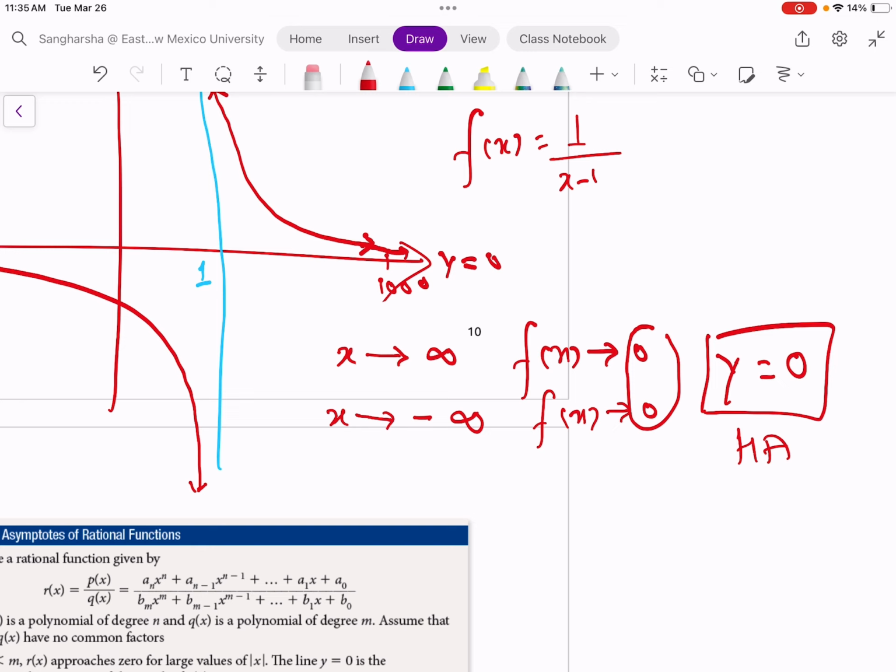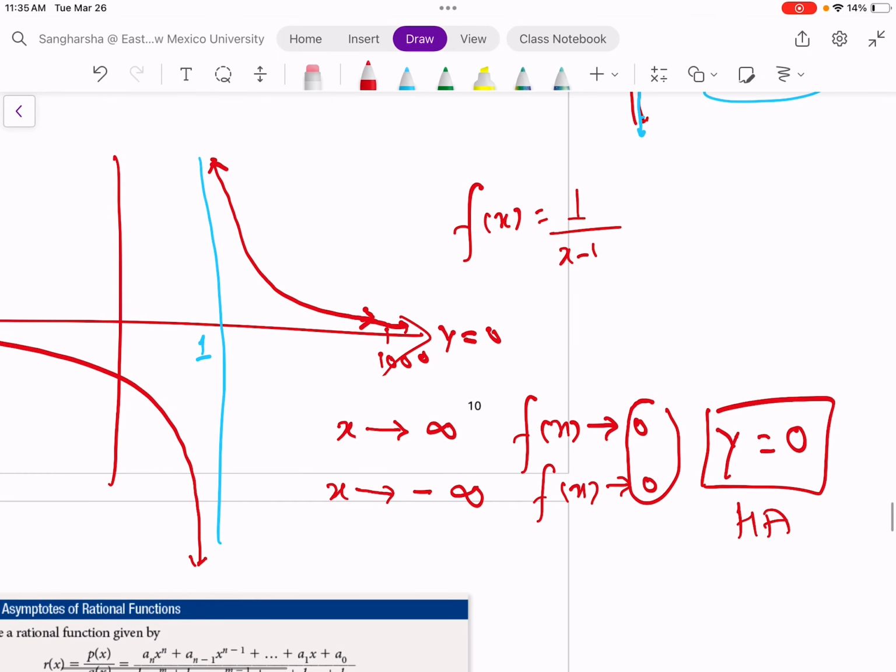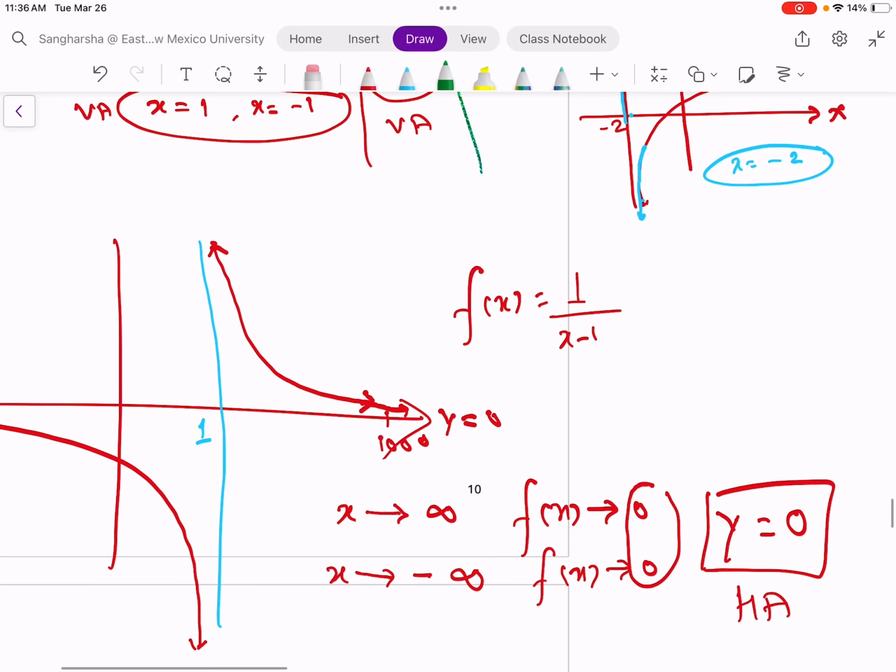Okay, so for the horizontal asymptote, we take our input to be very large, or we take our input to be very small. In that case, if our output is very close to some number, it's not always 0. It can be any number. For example, I can add one more graph here. Let's say this is 3, and I have a graph that looks like this.